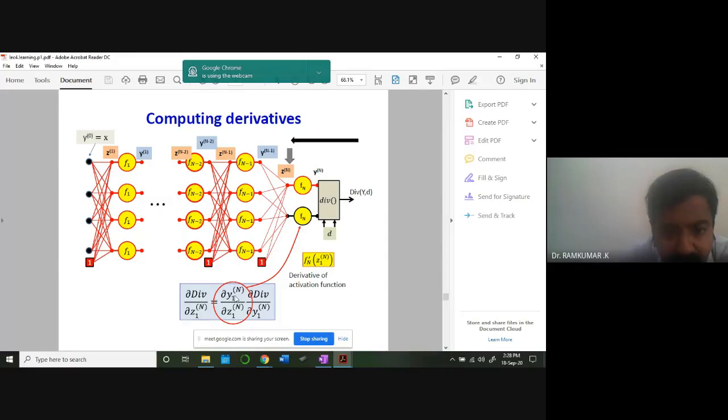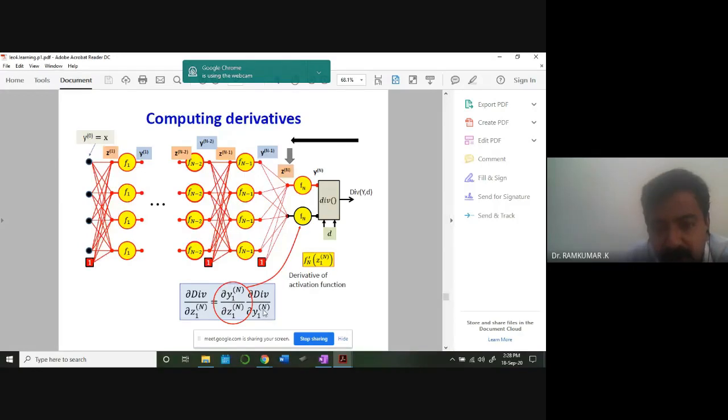Nth layer activation after passing through the function called log sigmoid or tan sigmoid. Z1n is the pre-activation for that layer. So when you are finding the derivative of that, in fact we derived this, 1 by 1 plus exponential of that. We derived that, and it is f of x into 1 minus f of x. We derived it using Mitesh Khapra's lecture. I hope you can recall it. So that is this derivative.